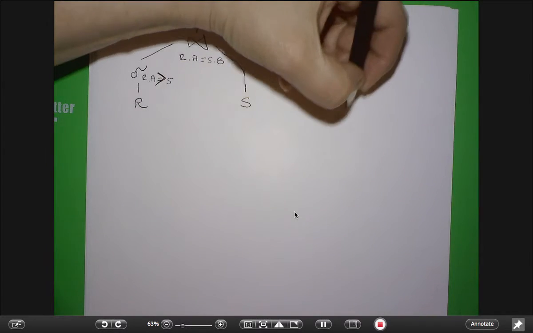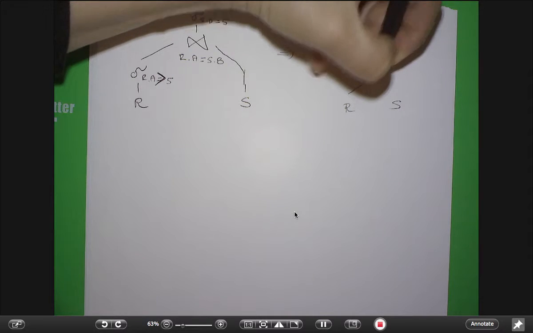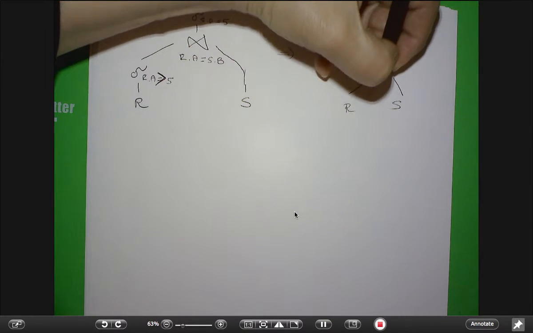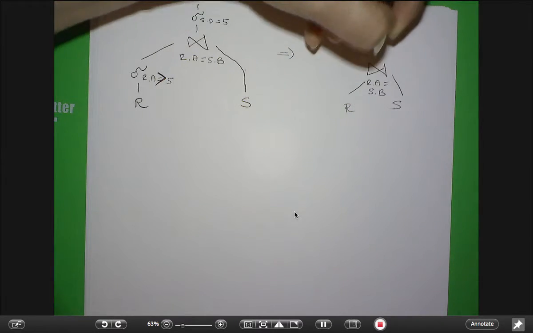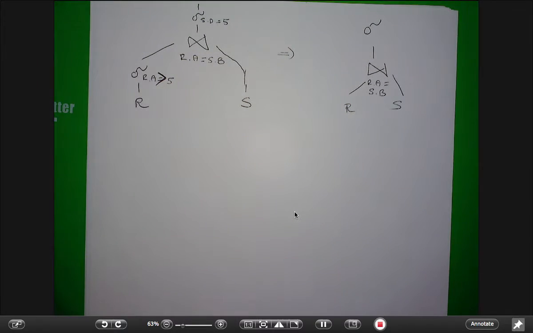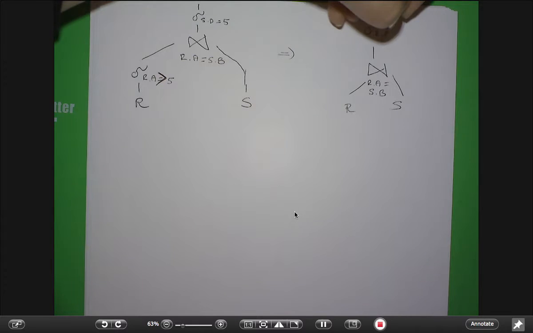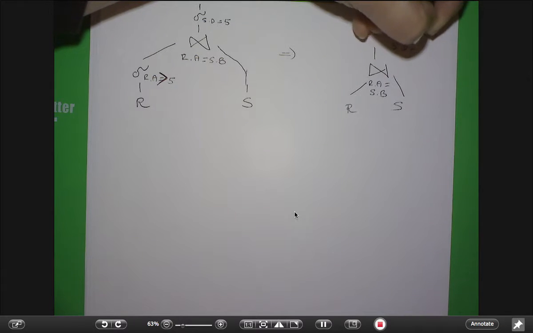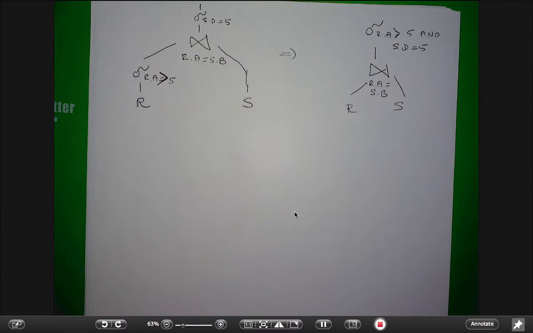So what I get is R join S, R.A is equal to S.B. And I have R.A is greater than 5 and S.D is equal to 5. Are we okay so far? I pushed it up, okay.